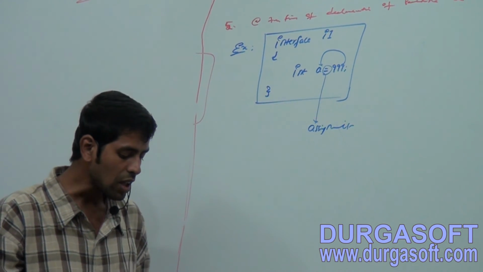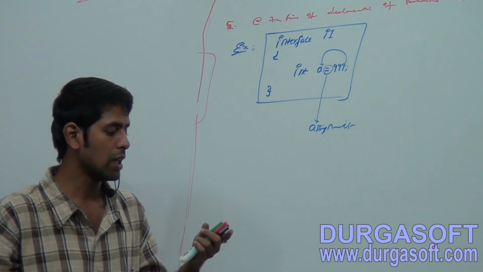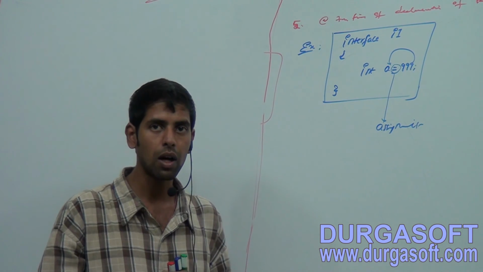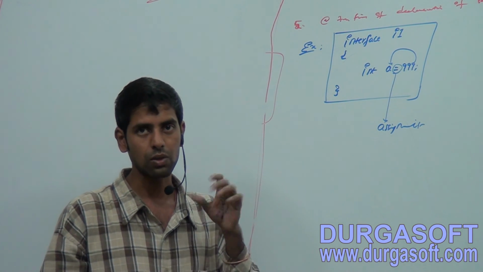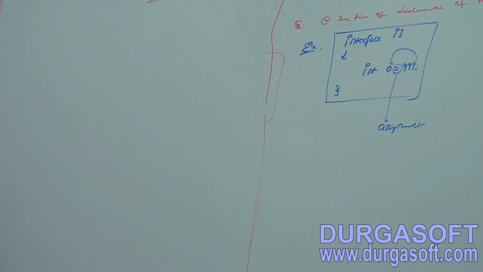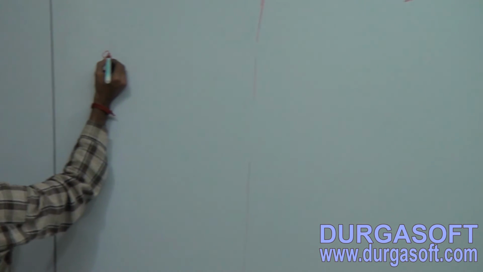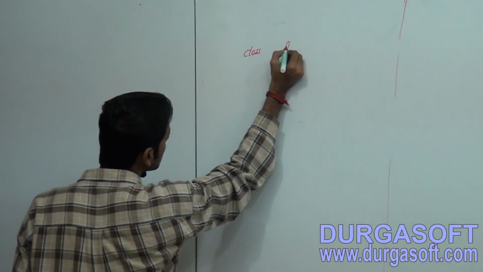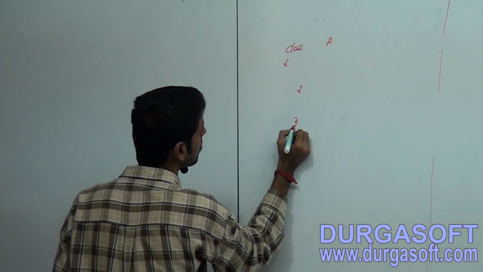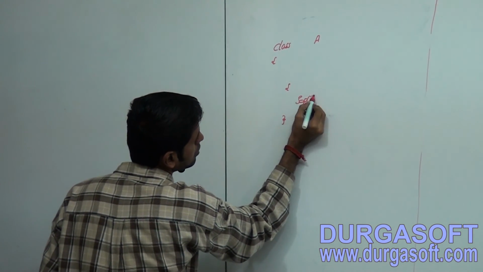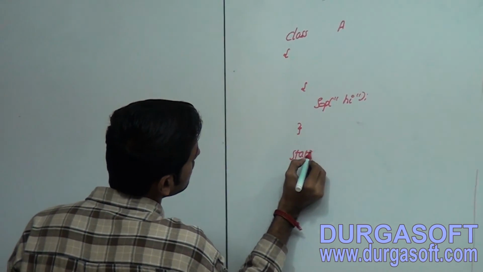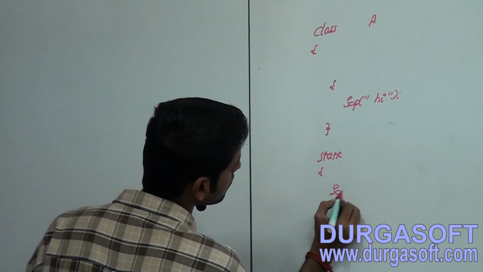Now observe why this has to be done. Here I want to talk about a few things. Observe here, class A. Now observe this code properly.